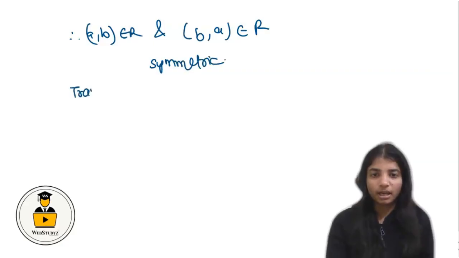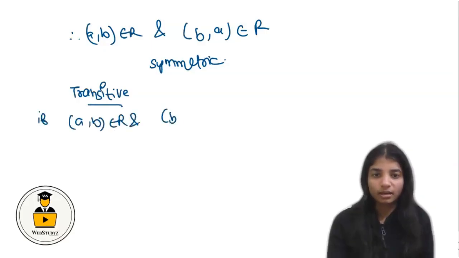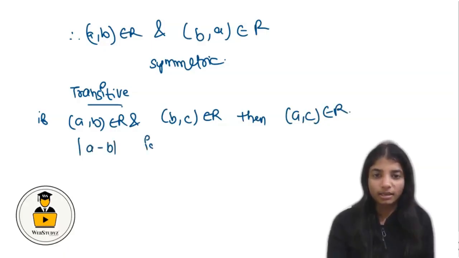Now we are considering transitive. The condition for transitive is that if (a, b) belongs to R and (b, c) belongs to R, then (a, c) also belongs to R. So let's say if mod of a minus b is a multiple of 4, which means that a minus b is also a multiple of 4.